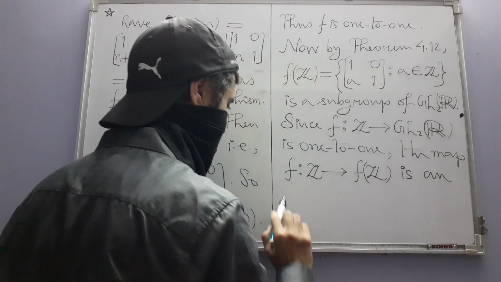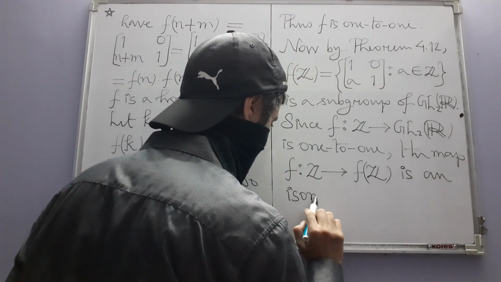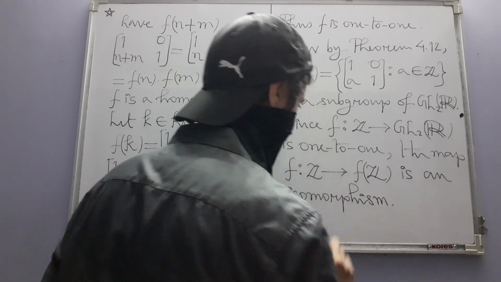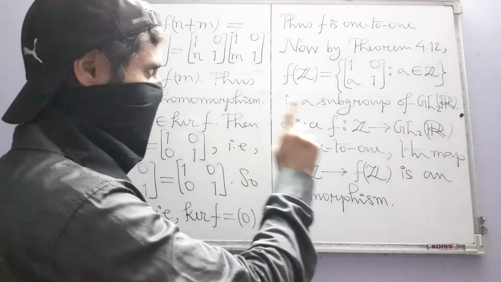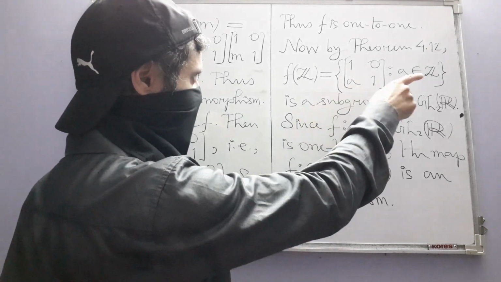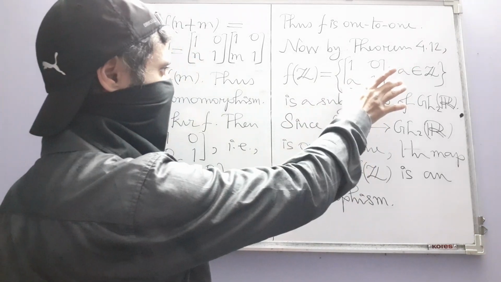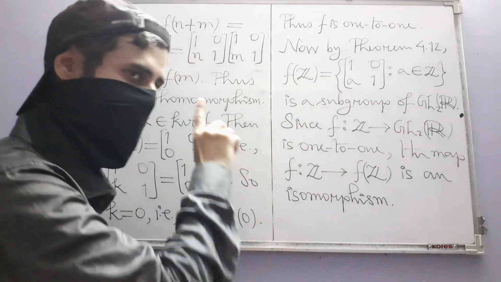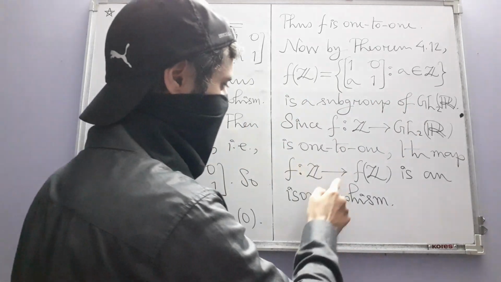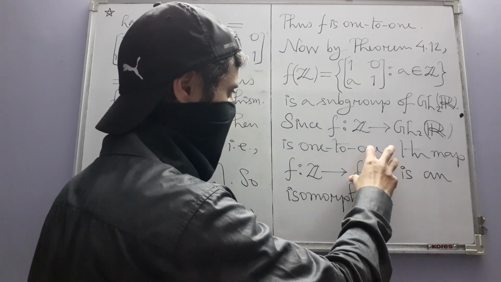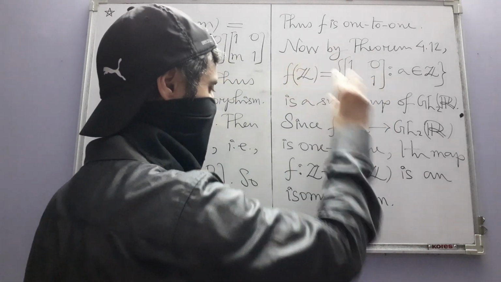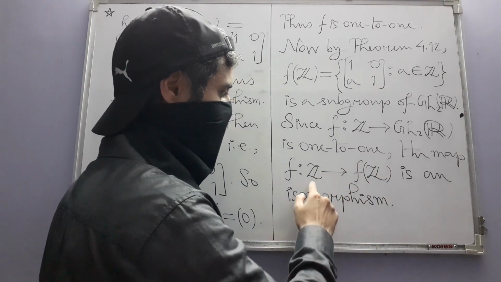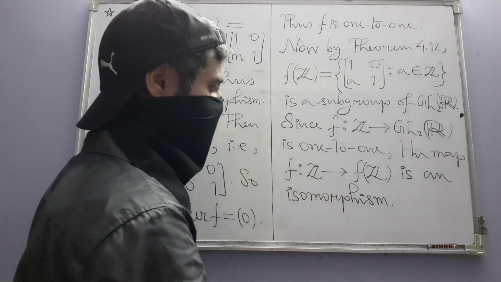So that means what? First of all, we showed that the set in question is a subgroup of the general linear group. That is the first part. And in the second part, now we can say that the set turns out to be isomorphic to a familiar group, and that familiar group is the additive group of integers.